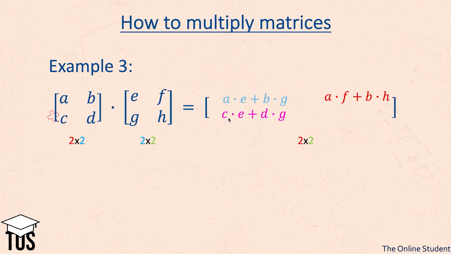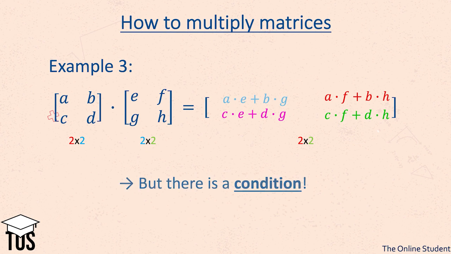And at last we have this second row with the second column, and then we have the multiplication of C by F plus D multiplied by H, and this will go at the second row and the second column of the resulting matrix. Now, it seems that we can multiply any combination of matrices, but this is not the case. There is in fact a condition.